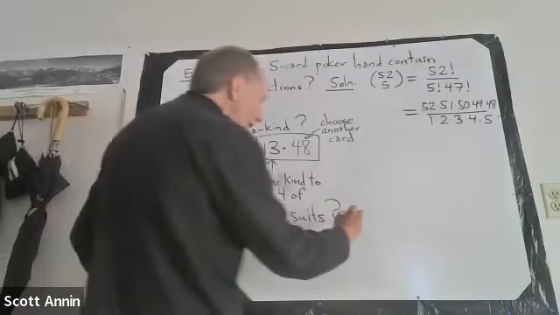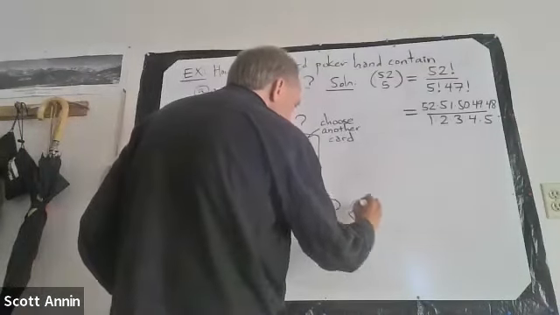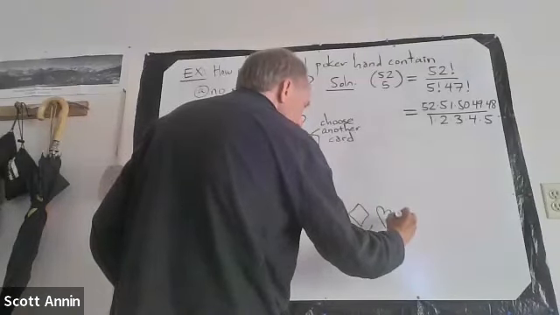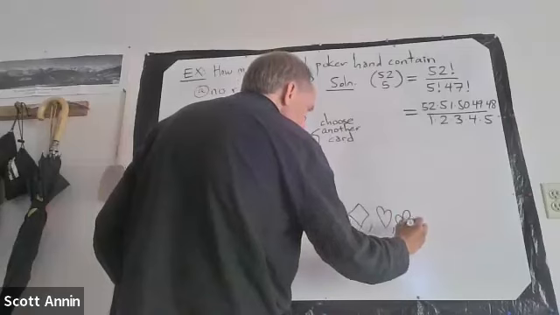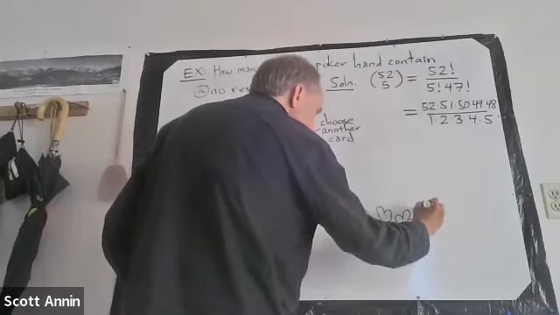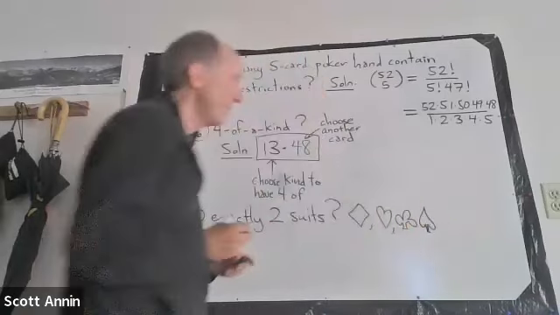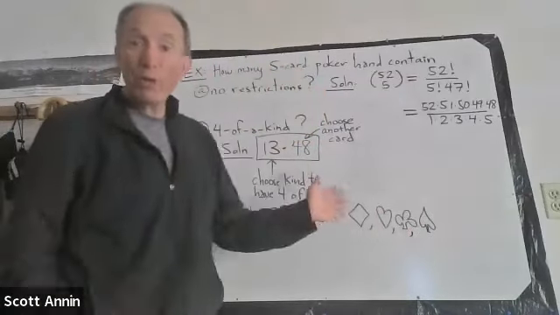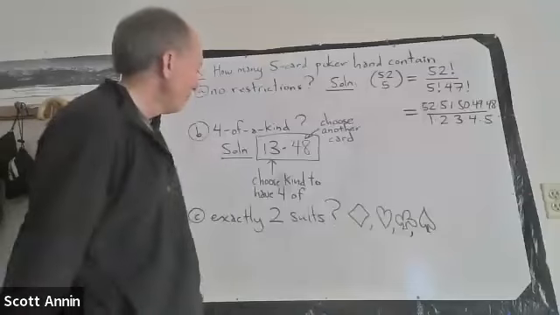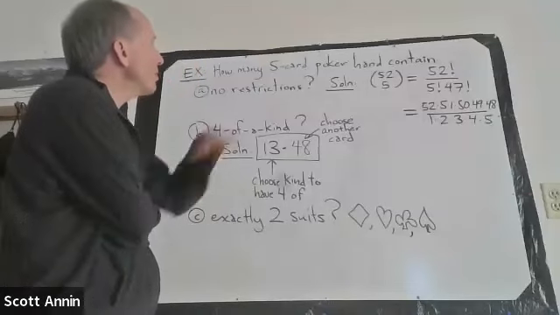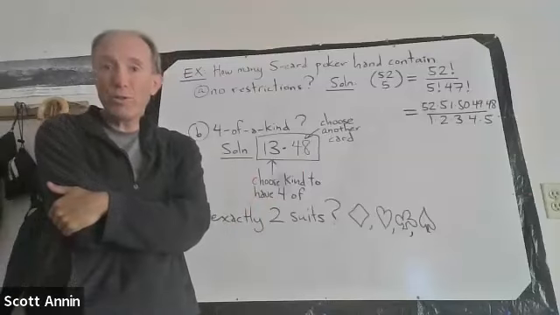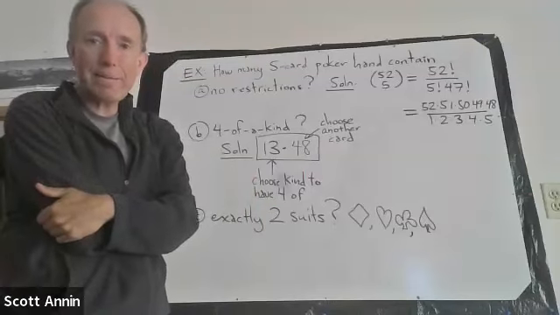The suits are the diamonds, the hearts, the clubs, and the spades, right? Not much of an artist, but I try. So there's 4 different suits, and we're asking how many ways there are to make a 5-card poker hand that has exactly 2 of those 4 suits in that hand.